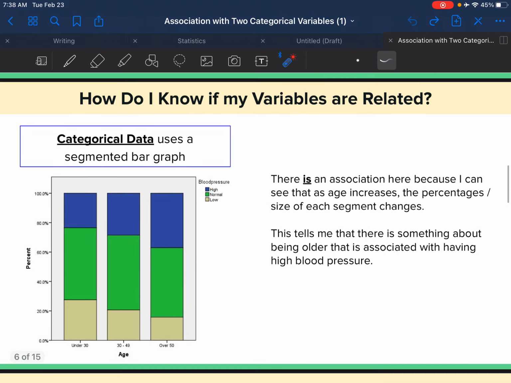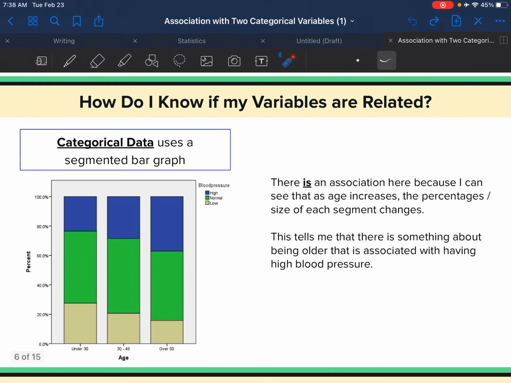So looking at categorical data, we want to know how can I tell if there is an association. And here in this segmented bar graph, I can see that this is about age and blood pressure. And the percent is here.